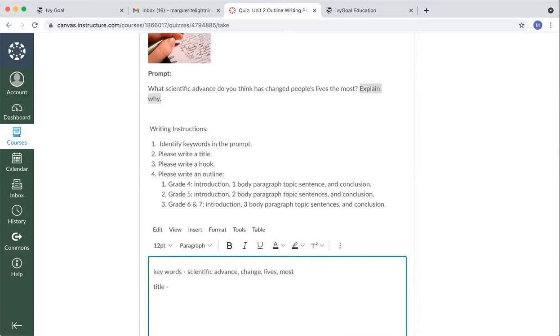Okay, so let me see. 1, 2, 3, 4, 5, 6, 7, 8, 9, 10. So I'm going to do 2 groups of 5. And it seems like somebody is popping in and out, so I'll just do 2 groups.